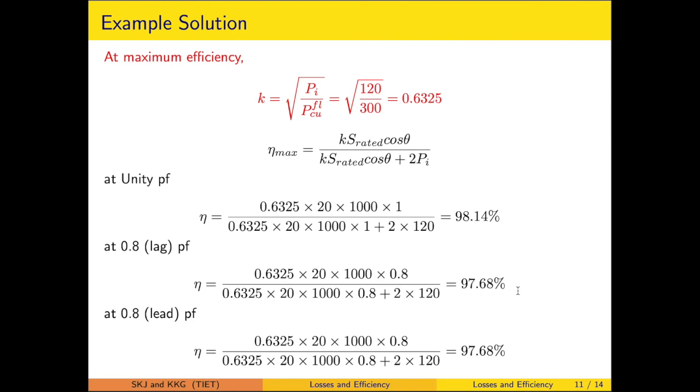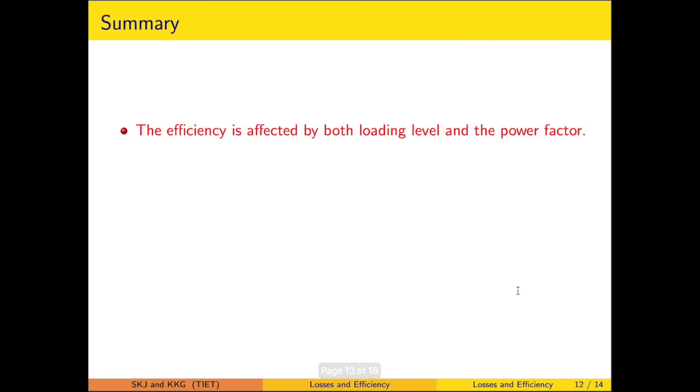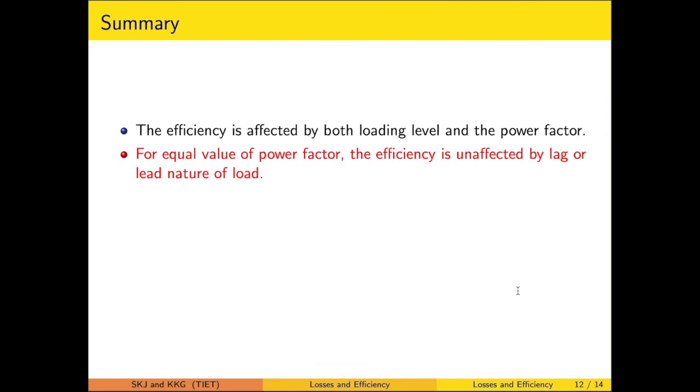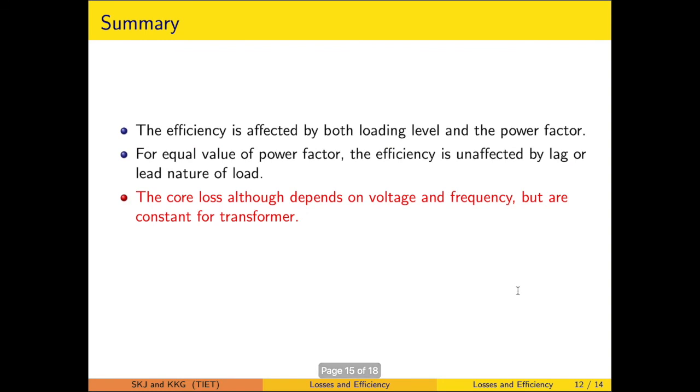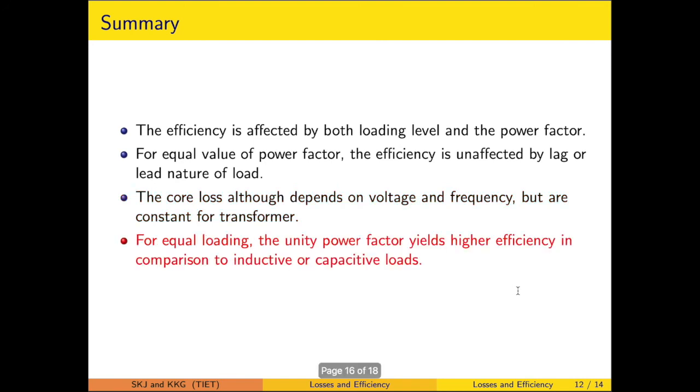Likewise. So with this, we can have a summary that the efficiency is affected by both loading level and the power factor. For equal values of the power factor, the efficiency is unaffected by the lag or lead nature of the load. The core loss, although it depends on the voltage and frequency in general, is constant because the frequency and voltage level are not changing for the transformer.